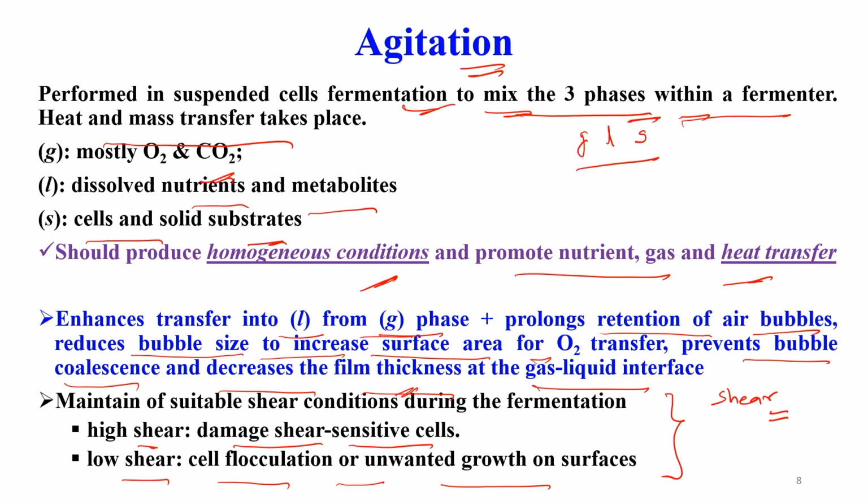So, we require suitable shear conditions during the fermentation, so that agitation leads to effective aeration and at the same time does not damage the shear sensitive cells. Particularly, animal and plant cells are much more shear sensitive.